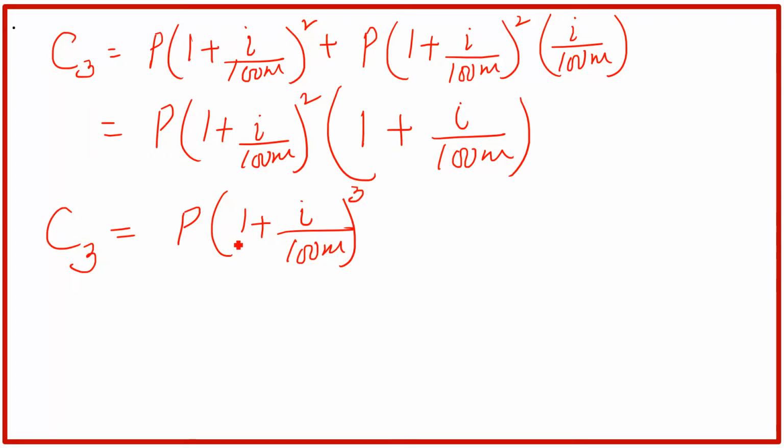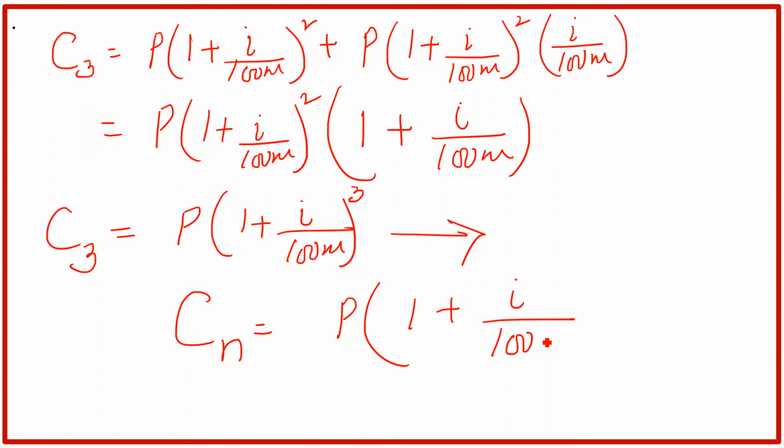This is for the third period. Similarly, if we have n periods, Cn is equal to P into (1 plus I divided by 100 into M) whole raised to power n. This formula we have to use in the rest of the exercise to solve compound interest questions. P is our initial amount.